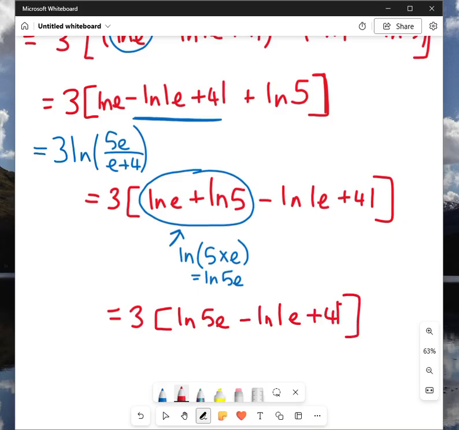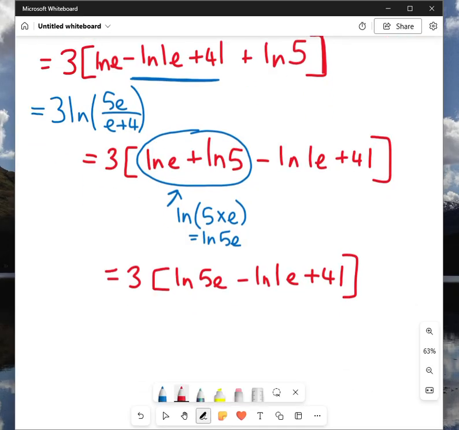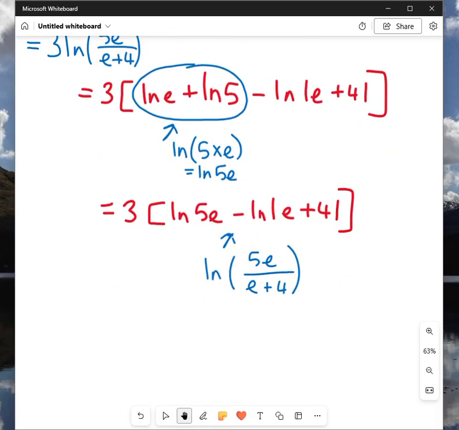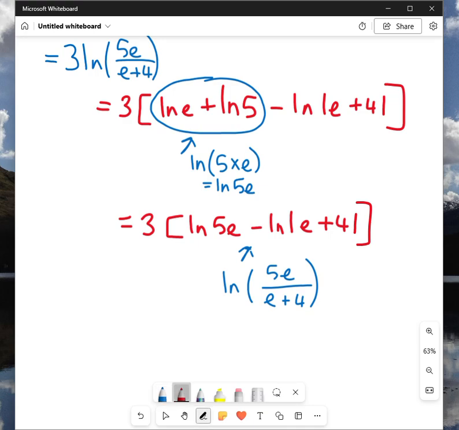And then for this thing, we have a subtraction of logs. So now we can write this as a single log. So it becomes the log of 5e over e plus 4. And then that's all multiplied by 3, isn't it? Because we've still got that 3 on the outside.